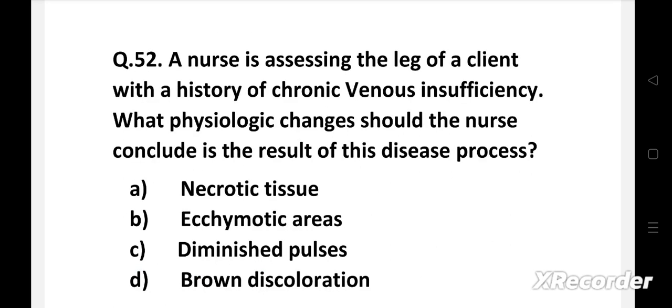Next question. A nurse is assessing the leg of a client with a history of chronic venous insufficiency. What physiologic changes should the nurse conclude is the result of this disease process? Option A, necrotic tissue. B, ecchymotic areas. C, diminished pulses. D, brown discoloration.